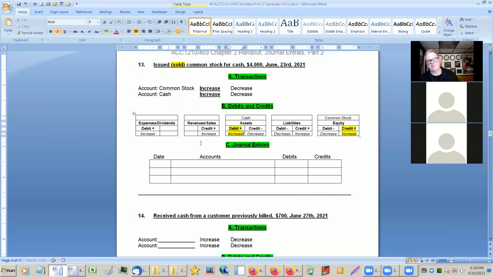Again, a problem like this only has two accounts. If you know what one of them is, you know what the other one has to be. Okay, so this is June 23rd. The debit is cash.